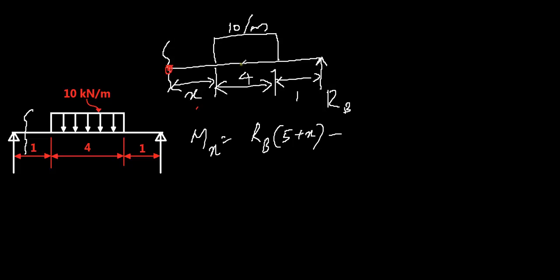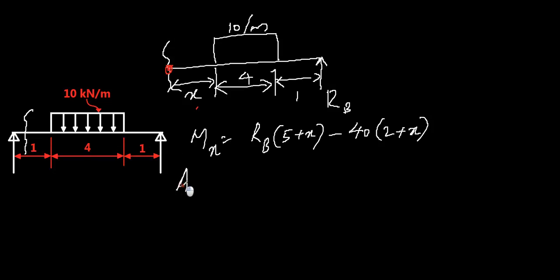So that will be 2 plus x. 40 times 2 plus x, and that's it. That's all the load. There is no other load towards the left or in this area of the section. So again, your section varies from x equal to 0 here to x equal to 1 here.